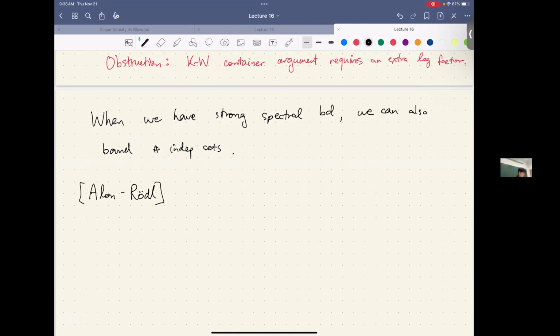They prove that for every (n, d, lambda) graph, where an (n, d, lambda) graph means an n vertex graph that's d regular, and the absolute value of its non-trivial eigenvalues is at most lambda.